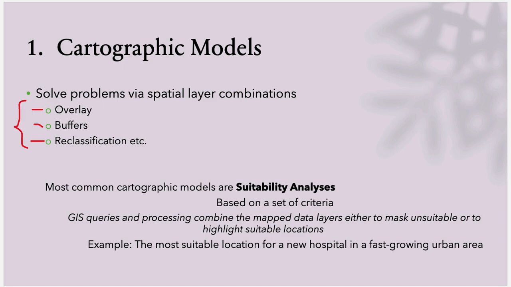Another example: where are the most suitable locations for a new hospital in a fast-growing urban area? This method is commonly applied to establish suitability of locations for public or private facilities and institutions, and it plays a significant role in planning decisions.